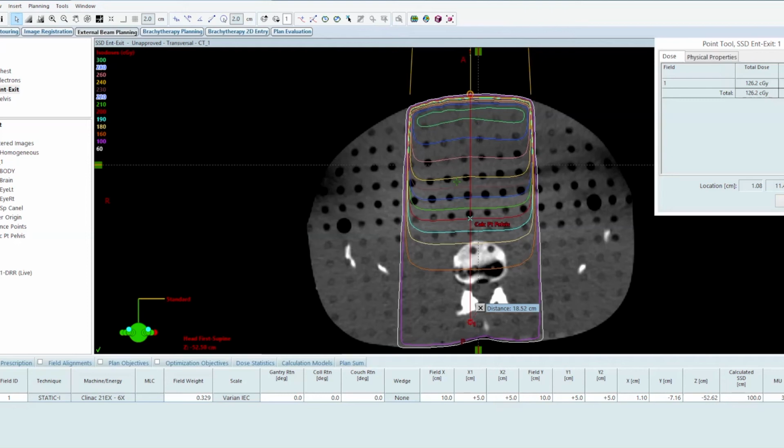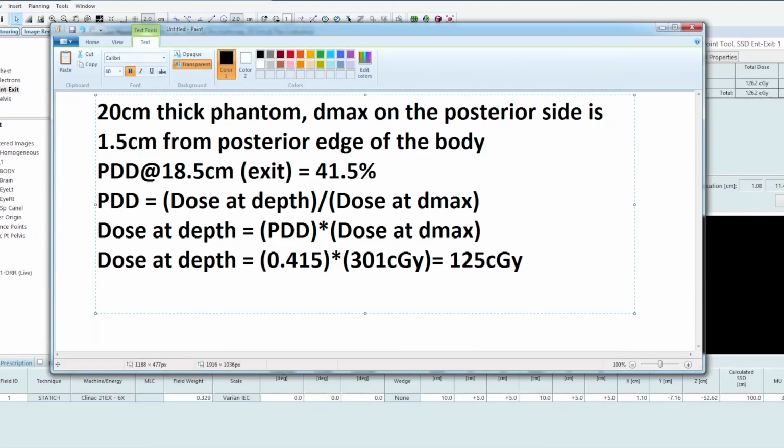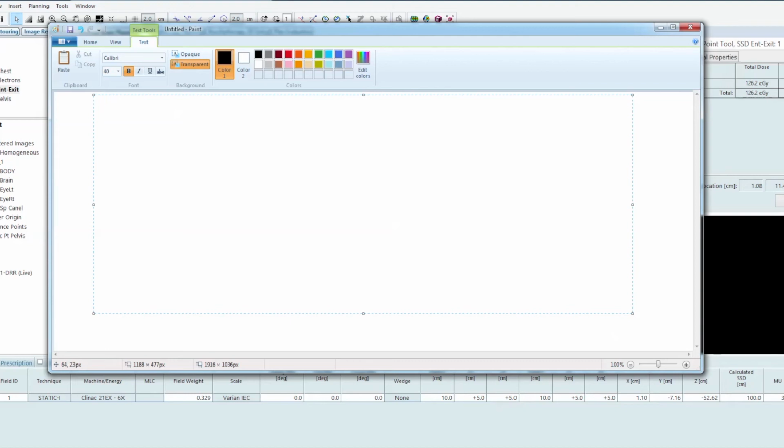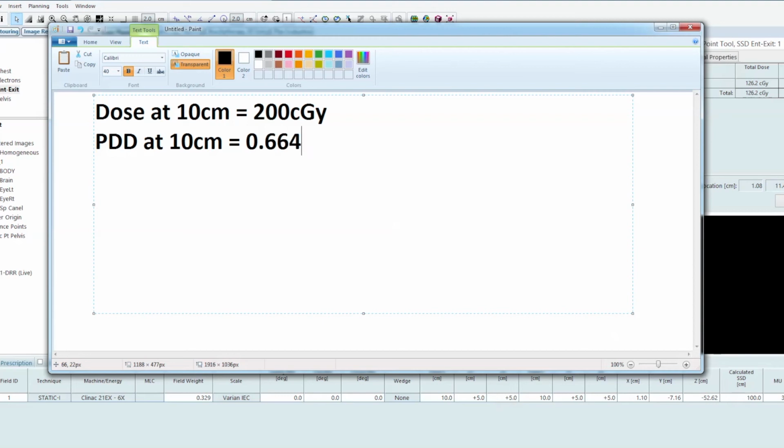Otherwise, the second method that you can do is just a single step method. You know what your prescribed dose is at 10 centimeters deep. So I know the dose at 10 centimeters, so my dose at depth is 200 centigray. That's my prescription. The PDD at 10 centimeters, we looked that up, 0.664. Okay, I need to know what the dose at the exit point is.